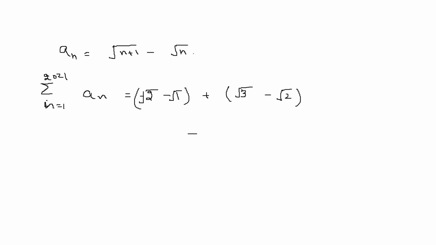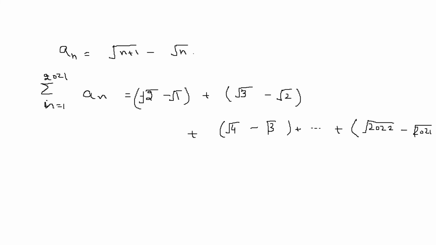Plus similarly, the next one will be square root of 4 minus square root of 3, and plus so on. And in the last, that will be something like square root of 2022 minus square root of 2021.